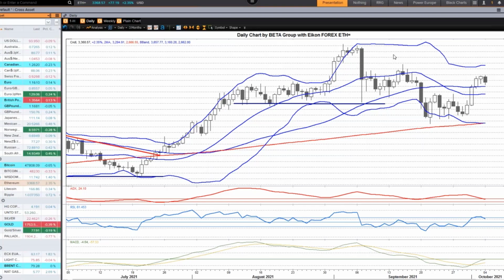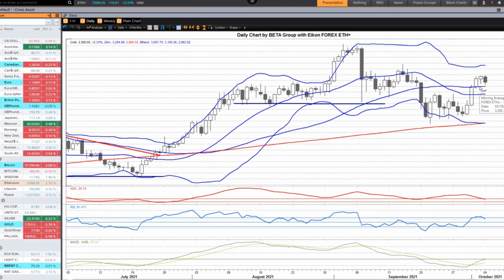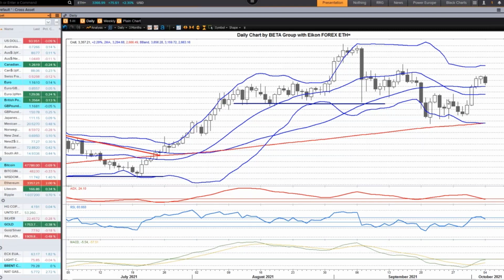So the area between there is quite clear, but we're still below it here, whereas the Bitcoin is much closer to the break point. It's supported here at 3,200, right down to 2,700 in here. It's quite a good looking chart, but I think the Bitcoin is a better looking chart.